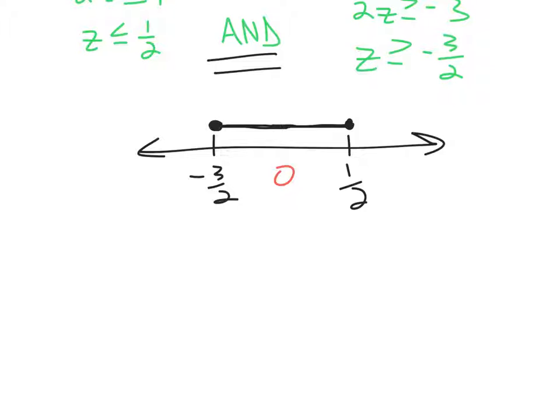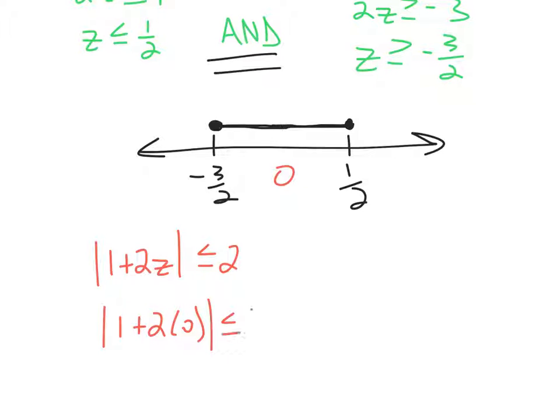So I'm going to do the absolute value of 1 plus 2z being less than or equal to 2, and I'm going to plug in 0. So we have absolute value of 1 plus 2 times 0 being less than or equal to 2, which is the absolute value of 1 being less than or equal to 2, which of course is true, and so we know all the numbers in between those two are our solutions.